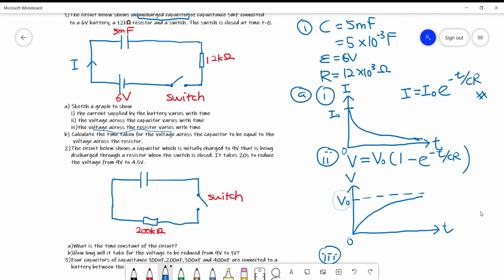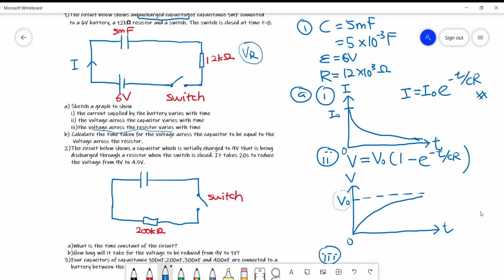The potential difference across the resistor initially is maximum. I can say that this is the VR.